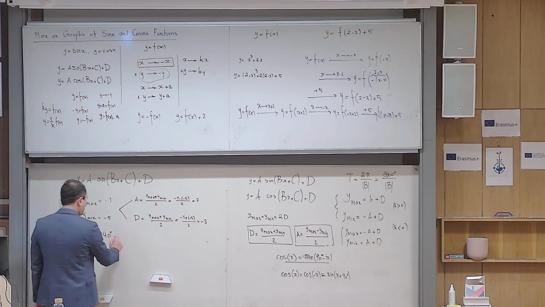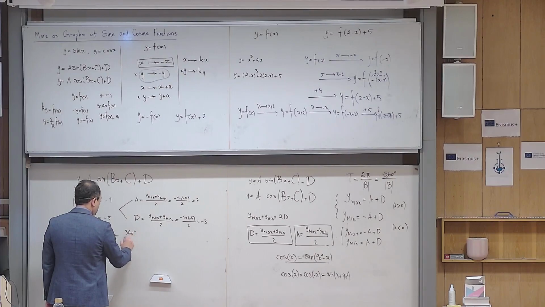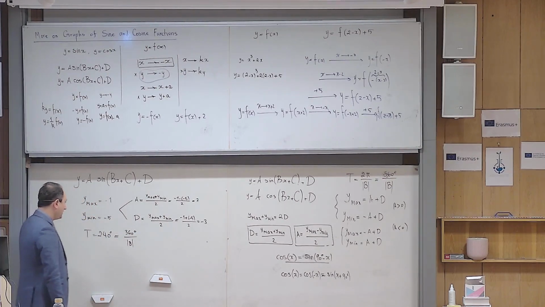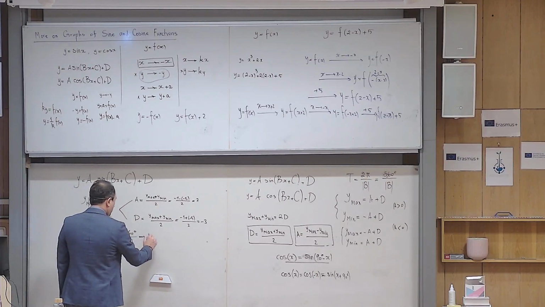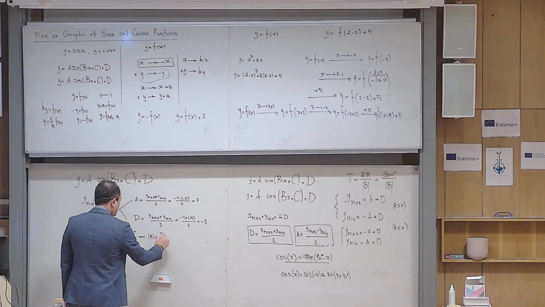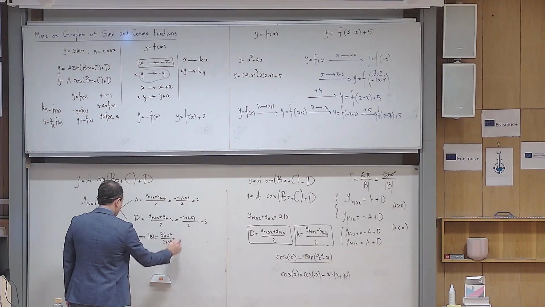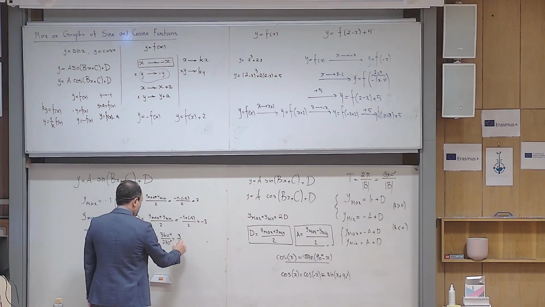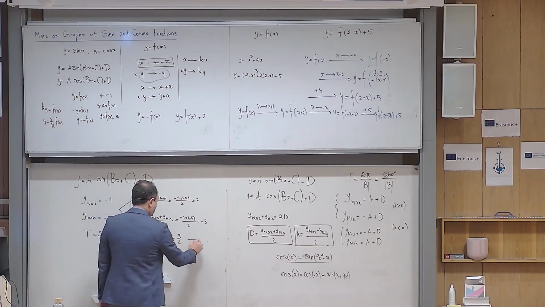So I put the formula here. And then the absolute value of b becomes 360 degrees divided by 240 degrees. So what happens? It becomes 3/2. And if I take b positive, so let us consider that b is positive.